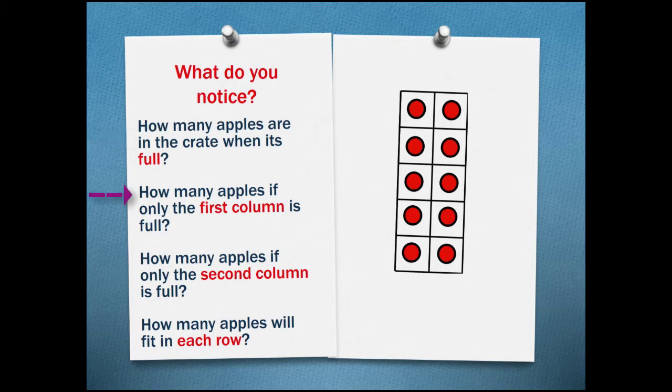Another thing that typically comes up, or if it doesn't, you can ask, is how many apples are there if only the first column is full? Or how many apples are there if only the second column is full? How many apples are there in each row? Now, the purpose of this discussion is to ensure that students are aware of how many are in each column, how many are in each row, how many when the crate is full. That's the entire purpose.